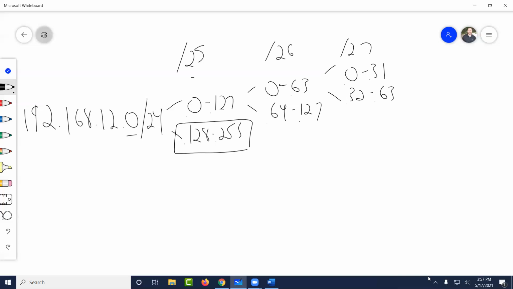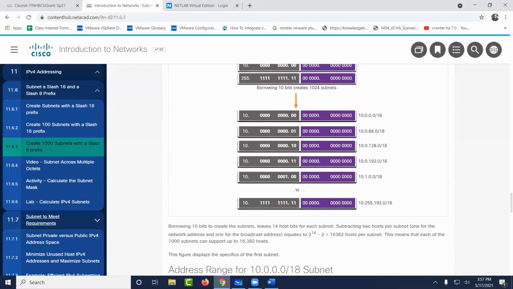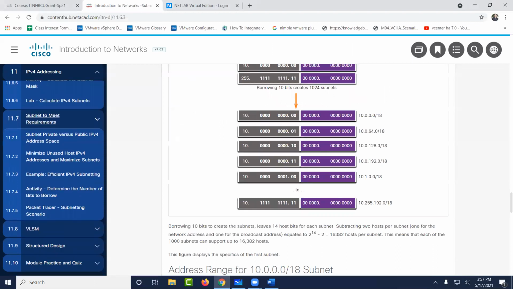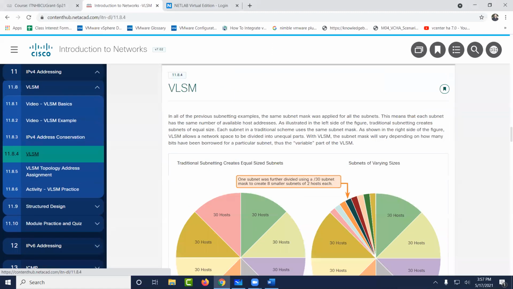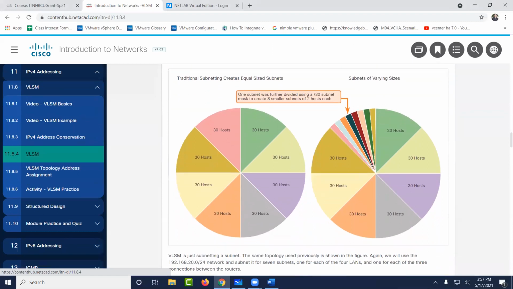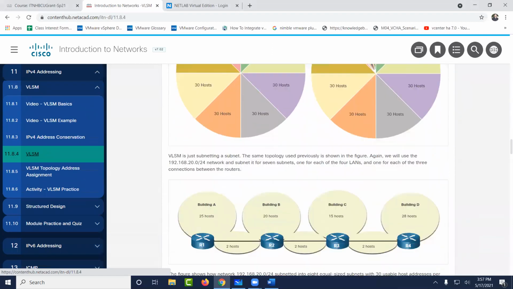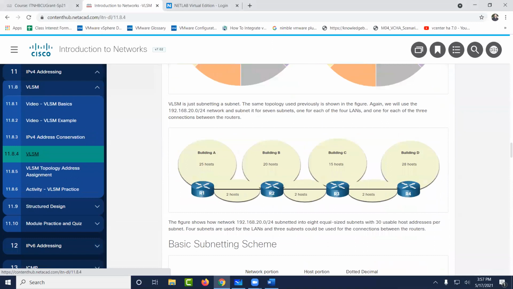Word of warning. Let me give you a real quick word of warning about networks. One thing they're going to teach you here with VLSM is they teach you about conserving, about VLSM. They talk about how you can subnet a subnet. But the one thing they don't teach you about is what I call the rabbit theory of networking.